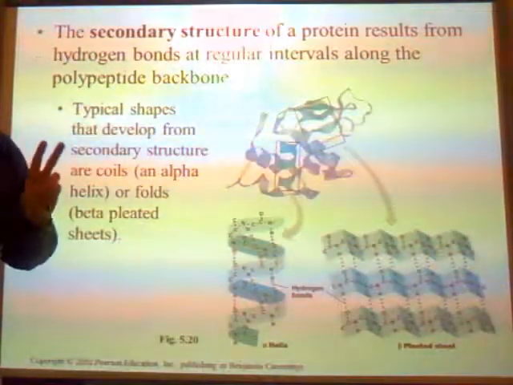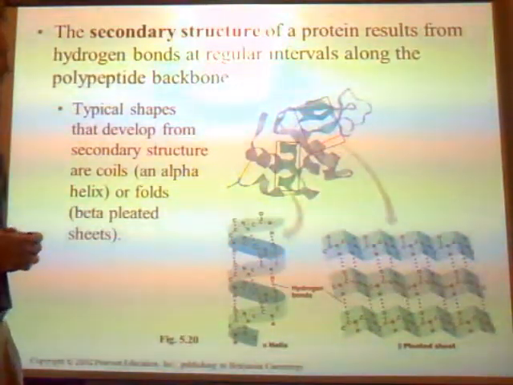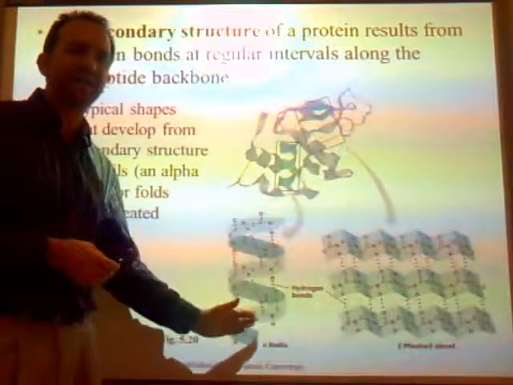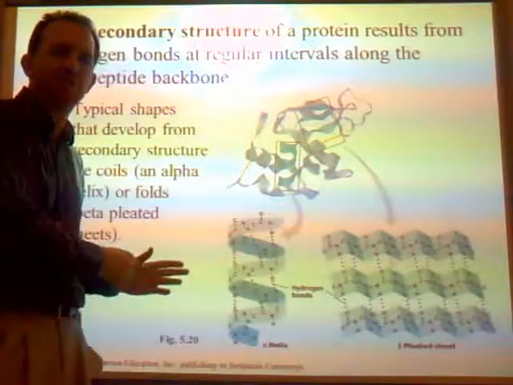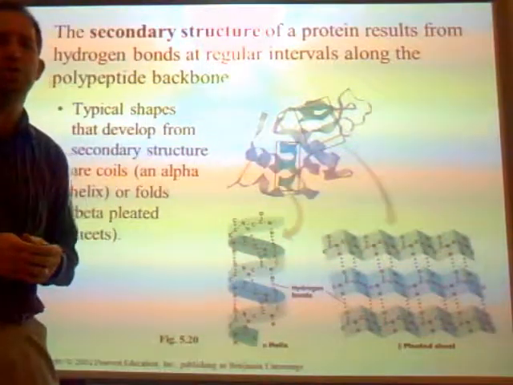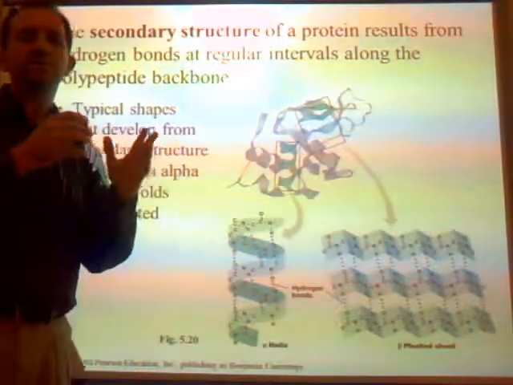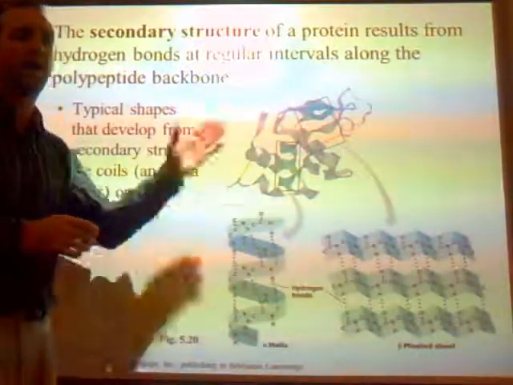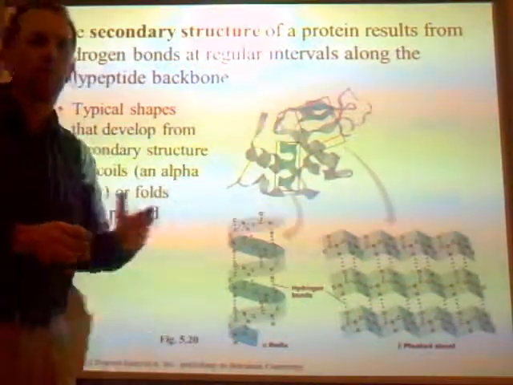And so we have 2 different types of folding. We have what are called alpha helices, or an alpha helix shape, and what are called beta pleated sheets. And this is all going to be depending on the hydrogen bonds that are occurring.